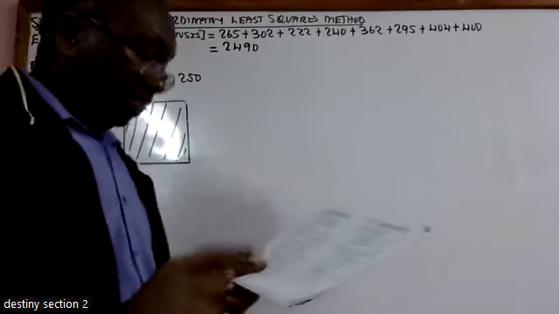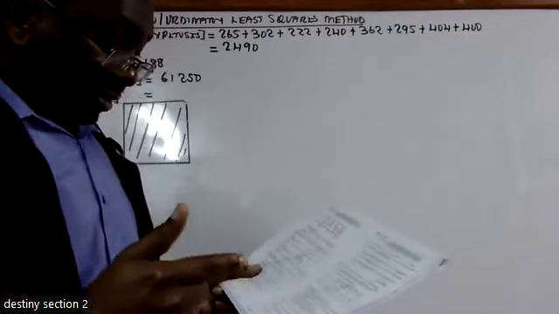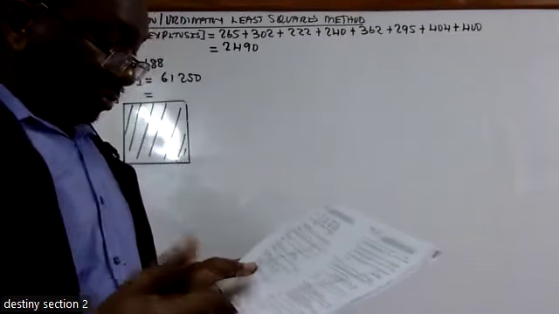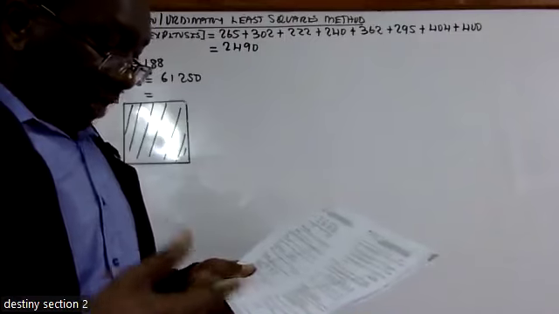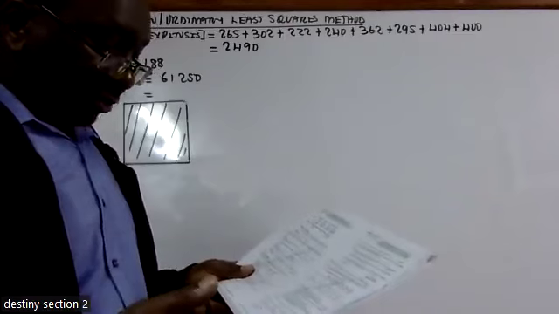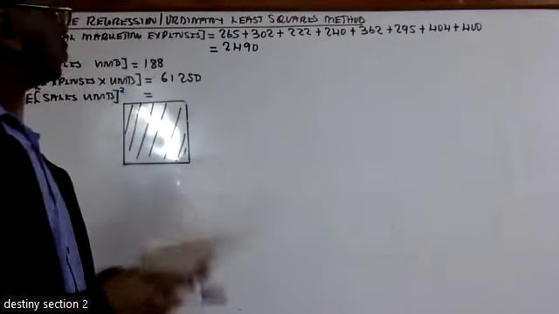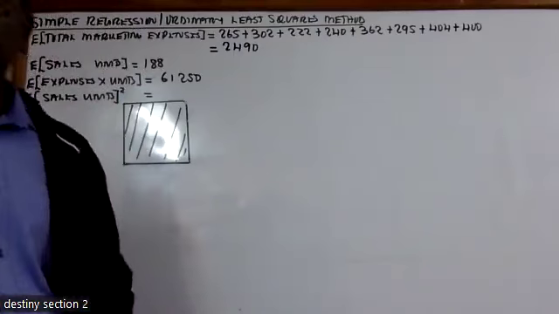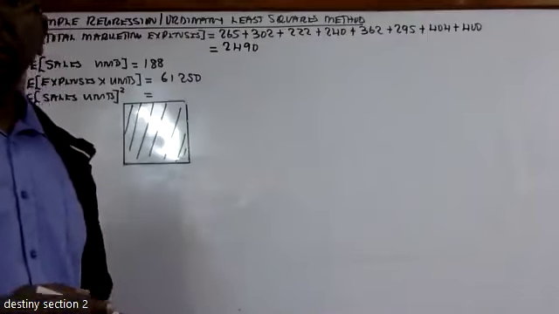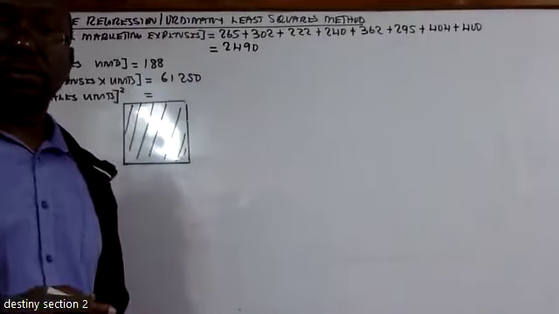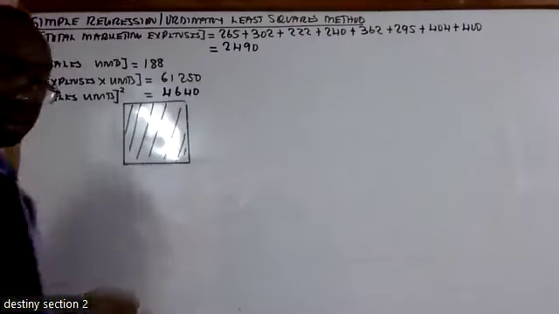So put in the calculator, say 20 squared plus 24 squared plus 16 squared plus 18 squared plus 26 squared plus 22 squared plus 32 squared plus 30 squared equals 4640. Or that is what has been given there.